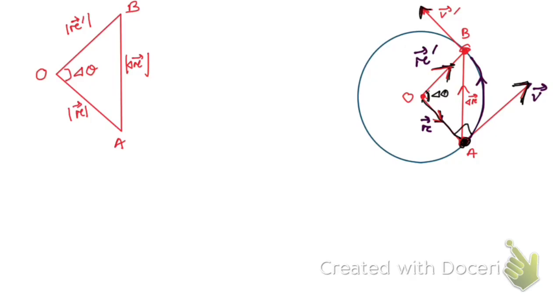So similarly, the tangent at A must be perpendicular to OA, and the tangent at B must be perpendicular to OB.